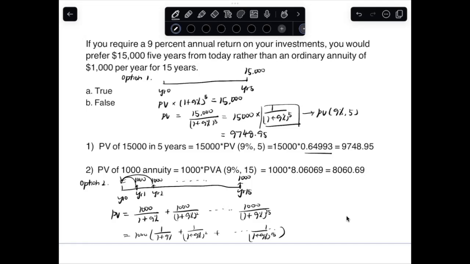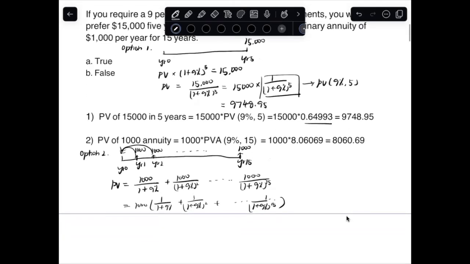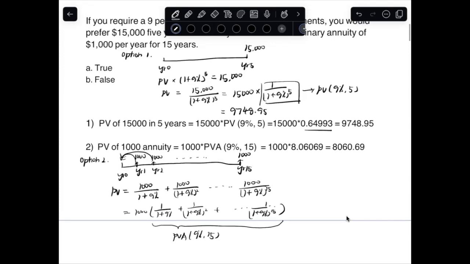Correct? And to make the calculation easier, we use the PVA 9%, 15 to represent this group. So 9% is the rate of return, and 15 means the number of payment periods.